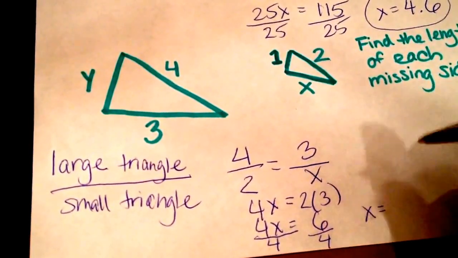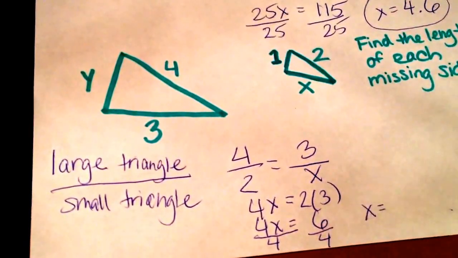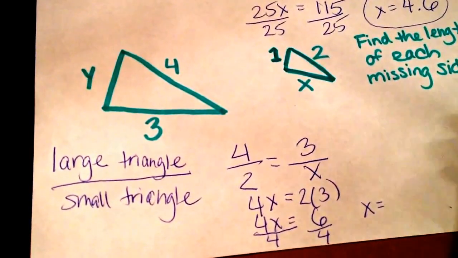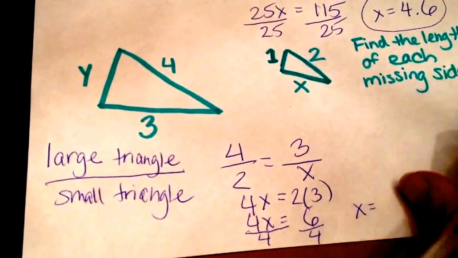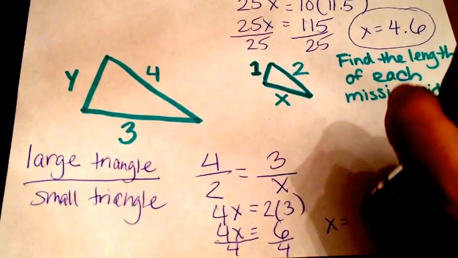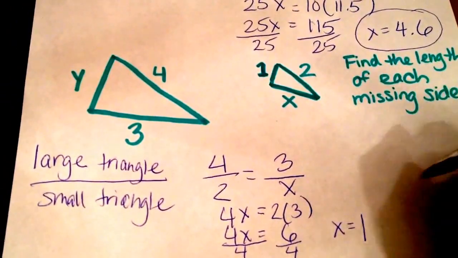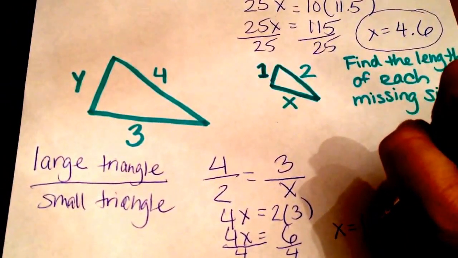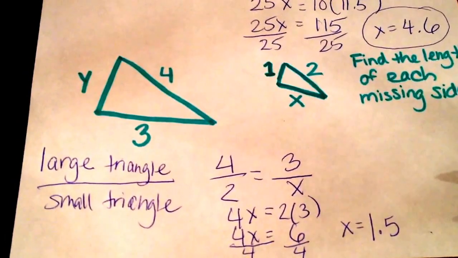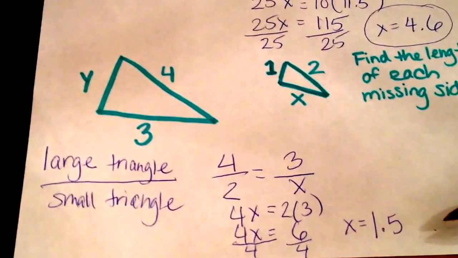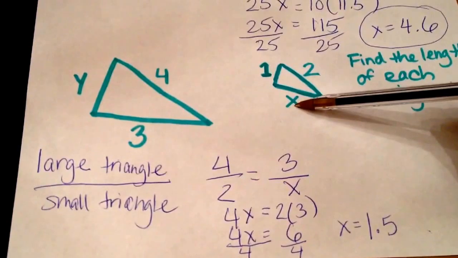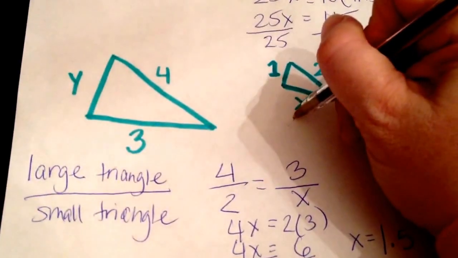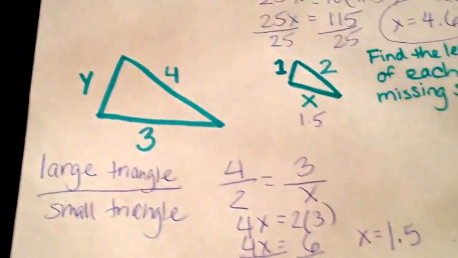And it's going to be x is equal to 6 over 4, which is 1 2/4 or 1 1/2, or 1.5. So x is equal to 1.5. So I would go ahead and label that on the right side.